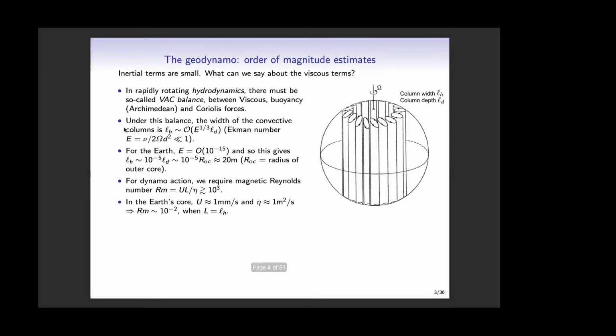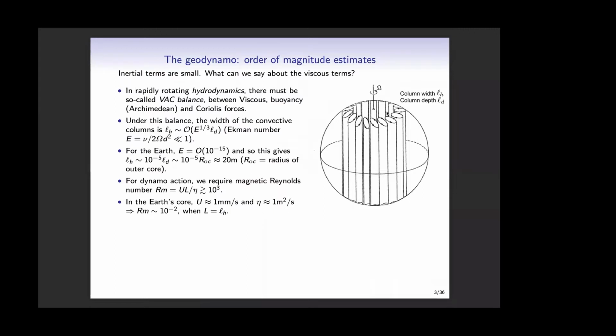What about the viscous terms? So here's a standard argument that I'm sure many of you know well, but let me just go through it. This is just hydrodynamics for the minute, no magnetic field. Then in a rapidly rotating fluid, there's what's called a VAC balance. The three terms that come in are viscous, buoyancy, which we call Archimedean, so we can have an acronym, and Coriolis.